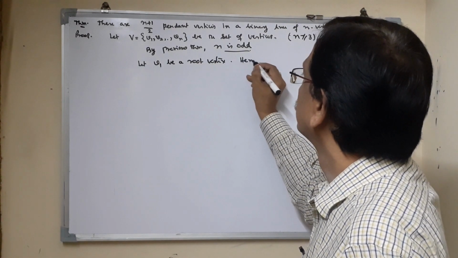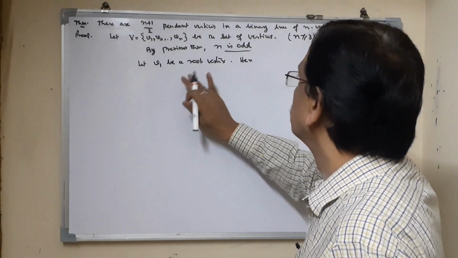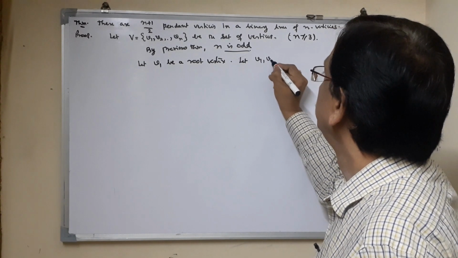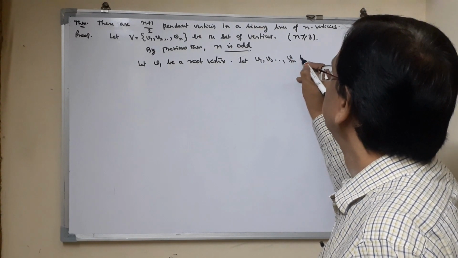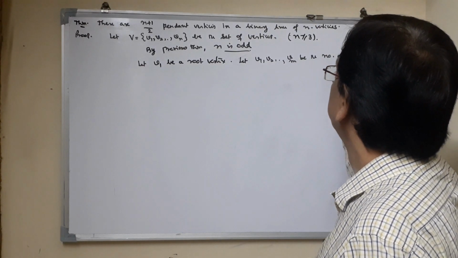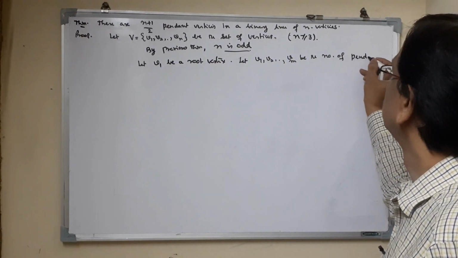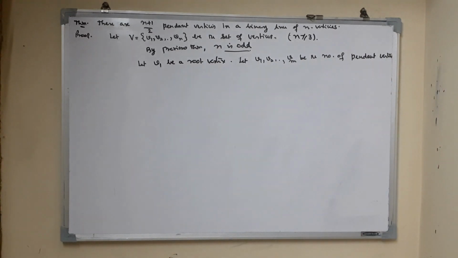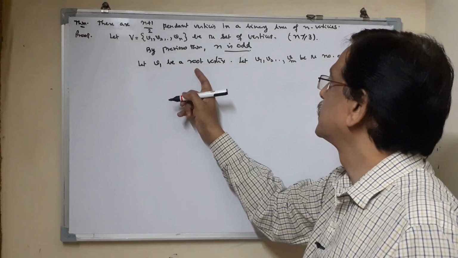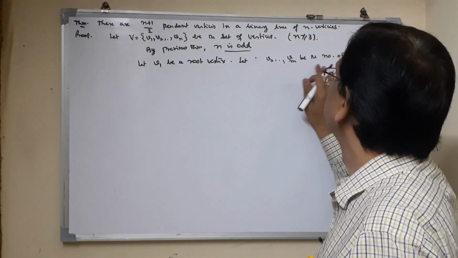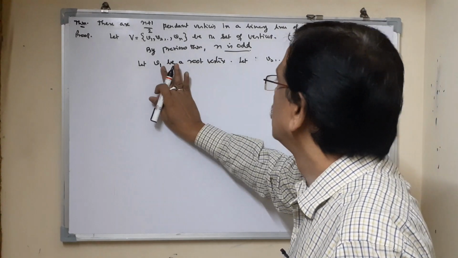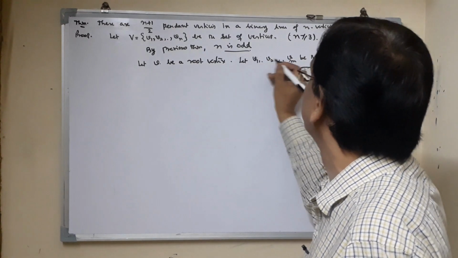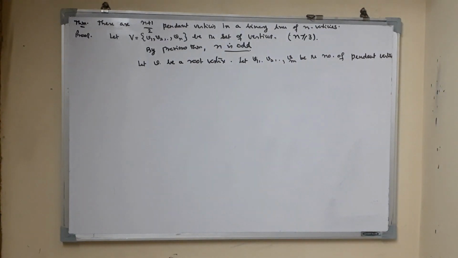Let V2 to Vm be the pendant vertices, meaning degree 1. I should be careful about this. Let V be a root vertex and V1 to Vm be the pendant vertices.